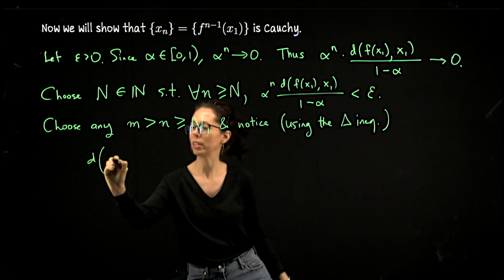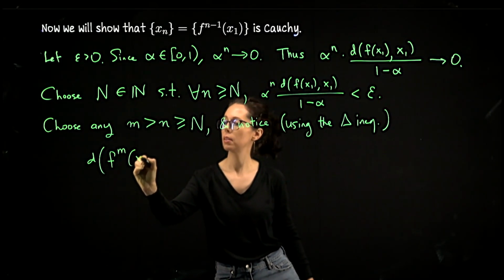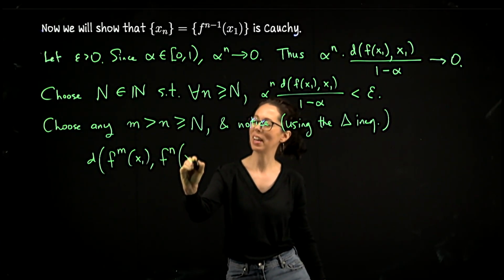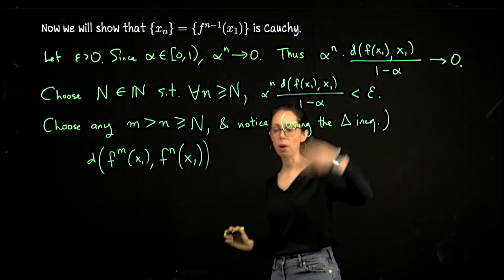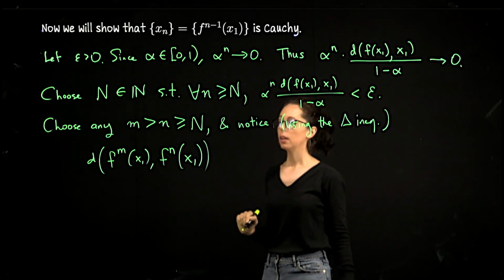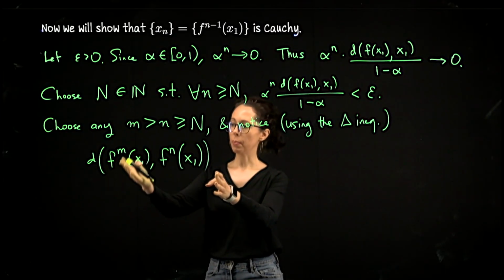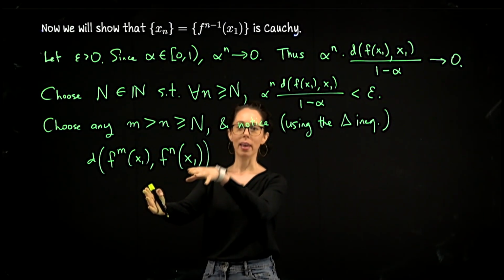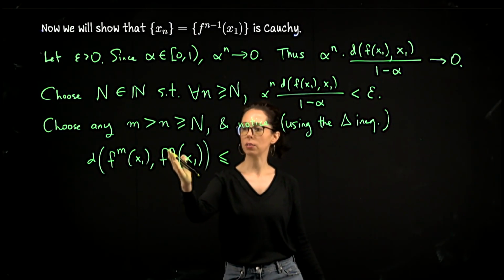Let's just, for convenience, write f composed with itself m times, the distance from that to f composed with itself n times. This is the distance I want to not only understand but show is smaller than epsilon. Okay, this is a metric. We can do the triangle inequality. To compare this term to this term, I could go through the n minus 1th term, and then we just basically keep doing that to step from m down to n.